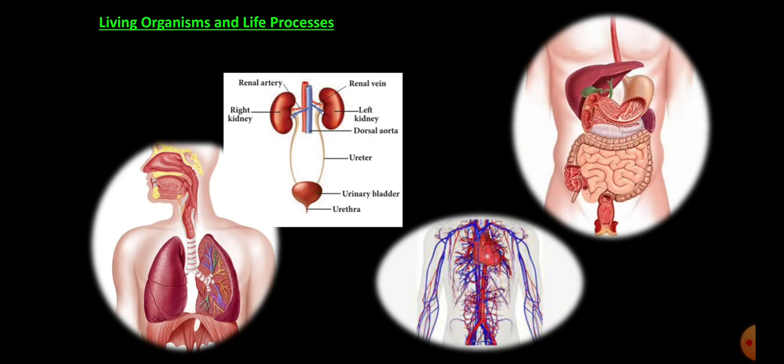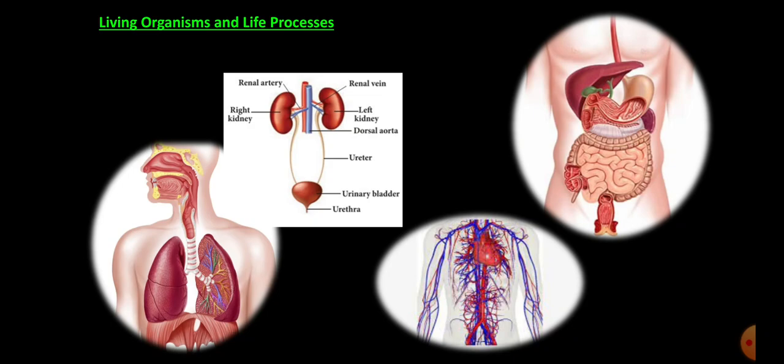And for this, what do we need? We need oxygen. So the oxygen is supplied to each and every cell of the body so that the energy can be produced to perform the different types of functions taking place inside our body.